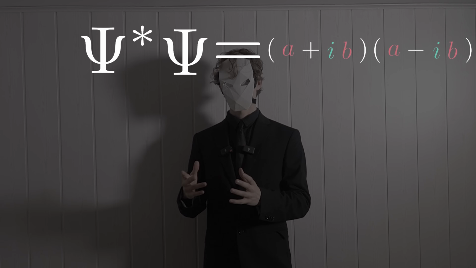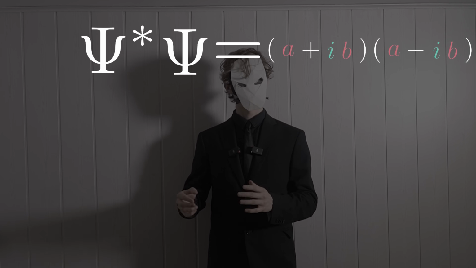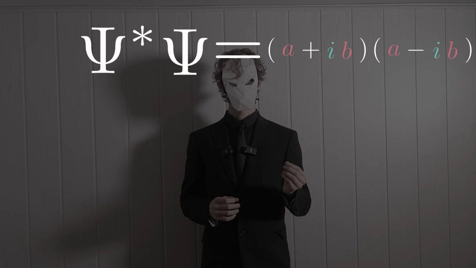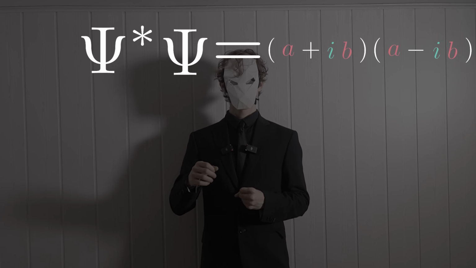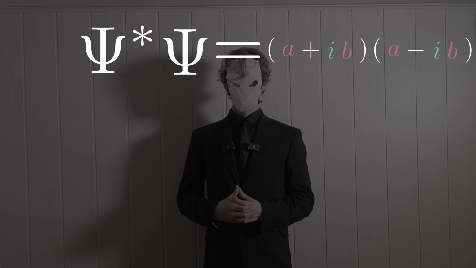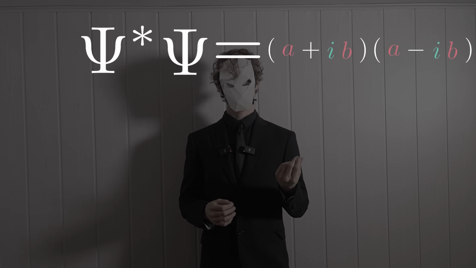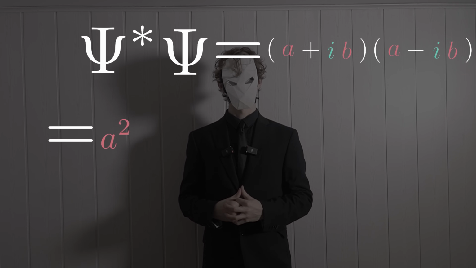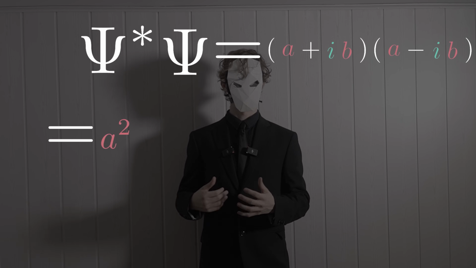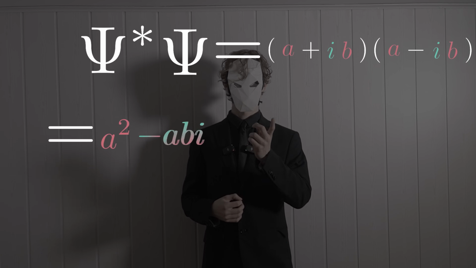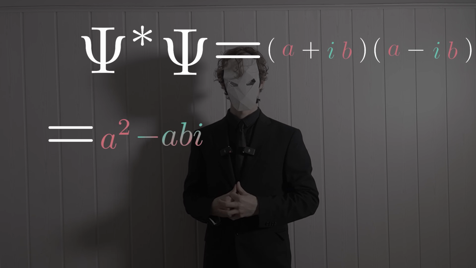Well, psi gives us A plus BI. We already remember that. So, let's multiply A plus BI by, in brackets, A minus BI. What do we get? Well, first, A times A gives us A squared. Then A times negative BI gives us negative ABI.